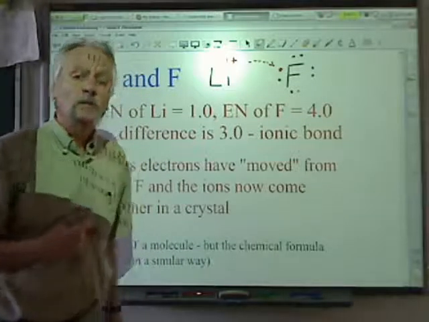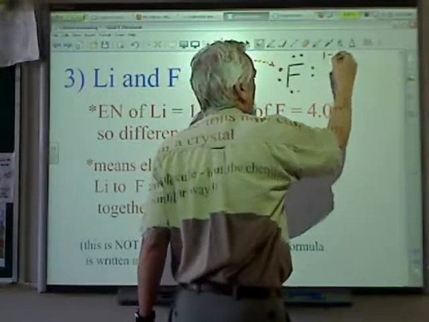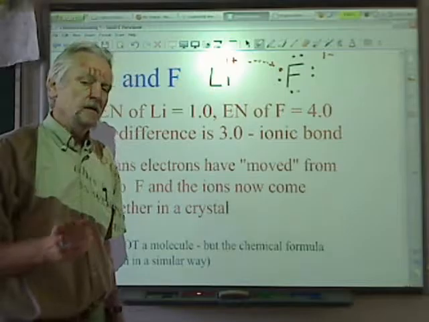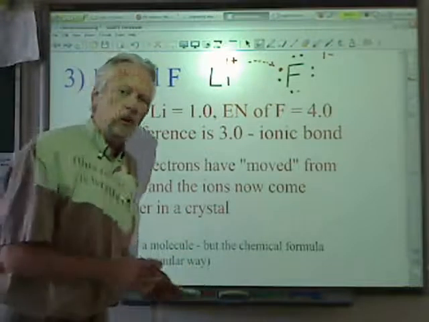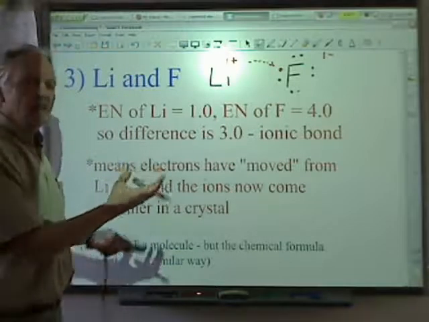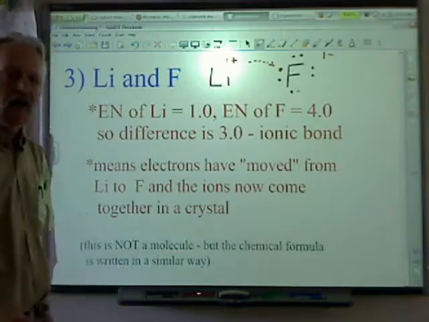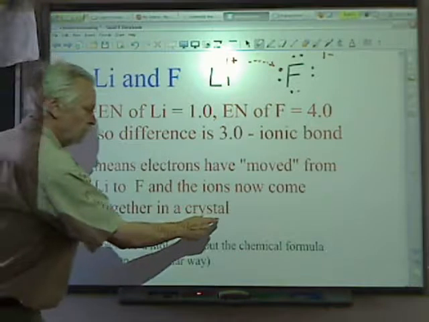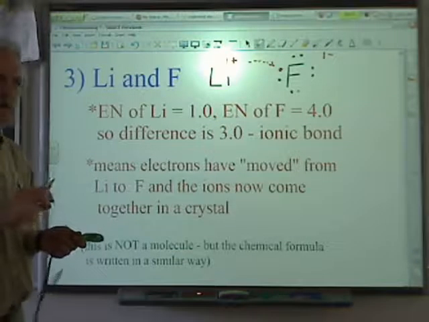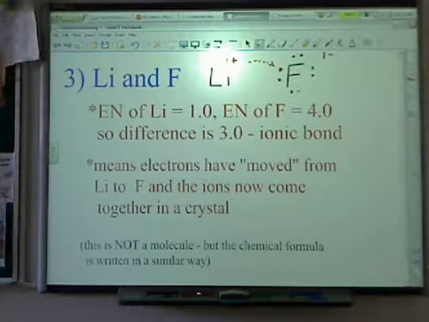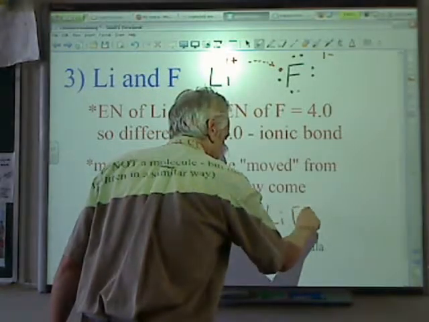Fluorine has sole possession of lithium's valence electron, and so it now has a negative charge, and because the positive and negative charged ions have a strong attraction to each other, they come together and make a bond, an ionic bond, which will result in a crystalline solid with alternating lithium and fluoride ions, and we call that substance LiF.